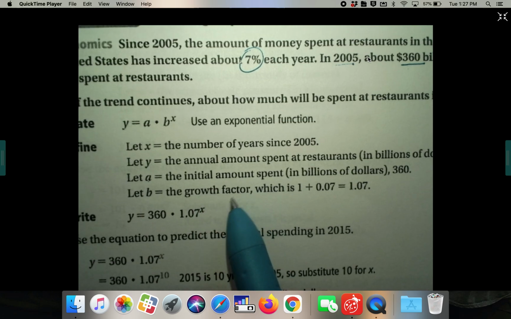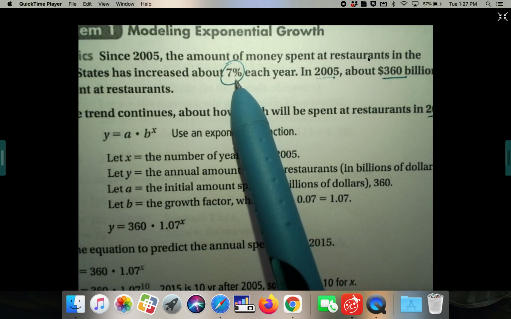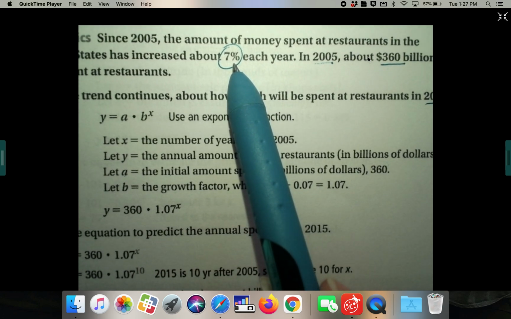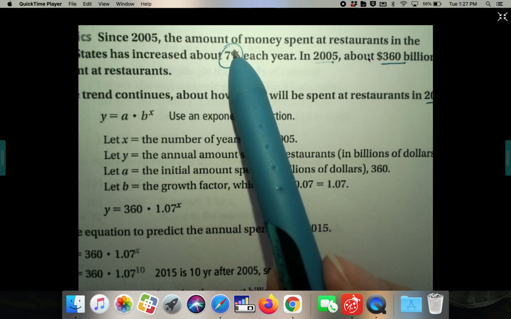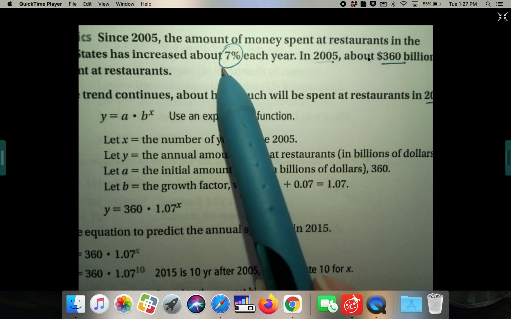If it's growing at a rate of 7% each year, this is kind of new. You're going to learn more of this when you get into Algebra 2 and statistics and all of that. But if you're trying to grow, you can't put 0.07 because that is a partial amount that will show shrinking. We want to show that it's increasing 7%.